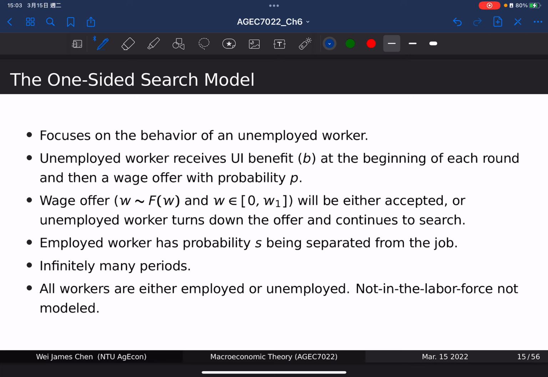And we consider an infinite-period model. So all workers are either employed or unemployed in this model. There is no such thing as not in the labor force in this model. Like I said, keep the model simple. It's too complicated to consider the decision of whether to be in the labor force or not.